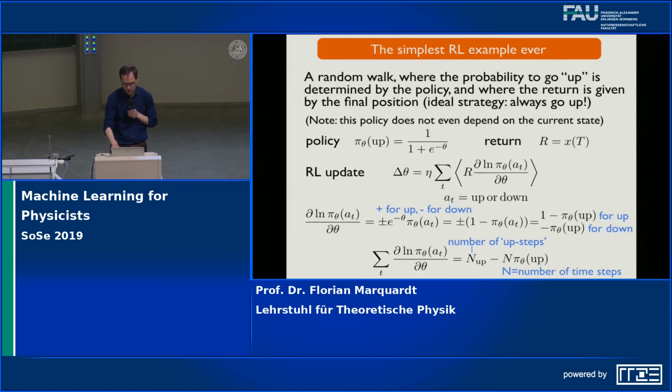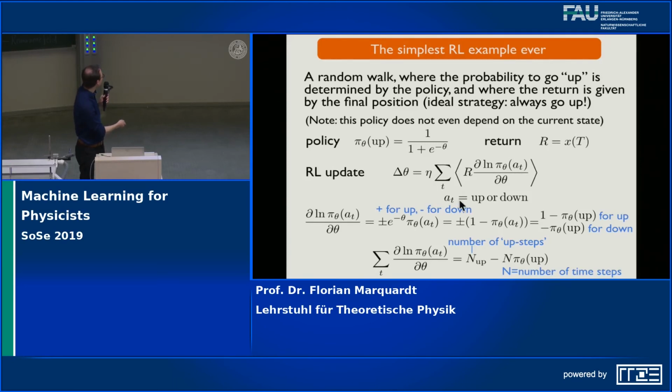Usually, as soon as you have your states entering here, then in order even just to calculate these expectation values over probabilities, you would suddenly need to know the transition probabilities for your environment to go from one state to the next, and that might happen to be very complicated probabilities. Even if the environment is simple, if your policy depends on the state, then again it becomes a very complicated problem.